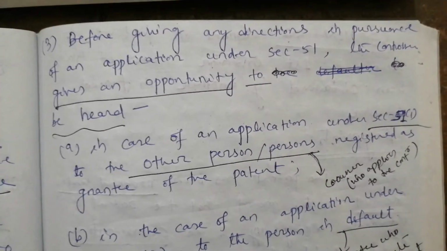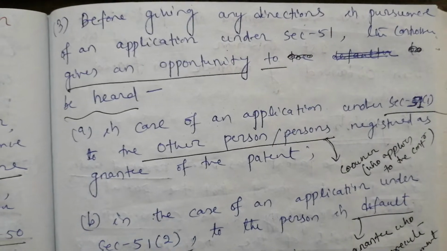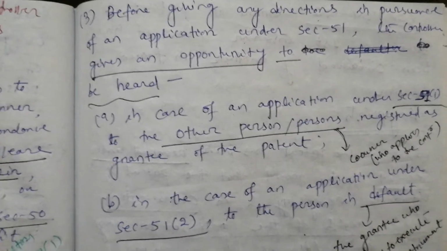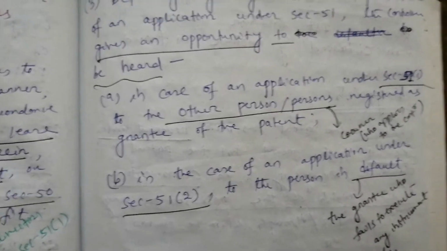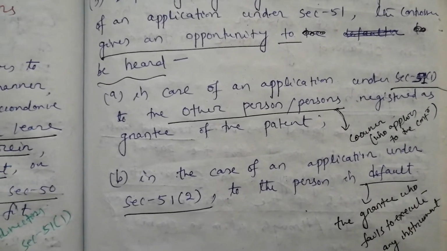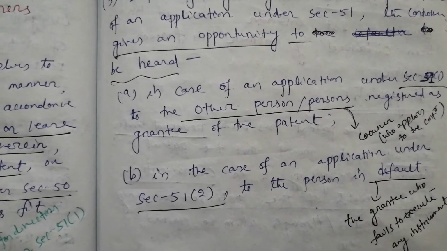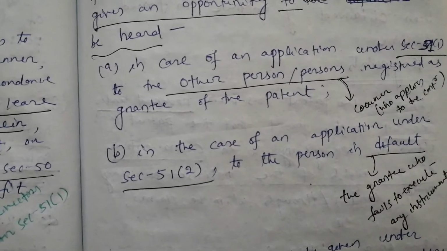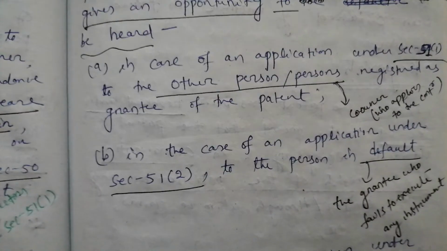Before giving any directions in pursuance of an application under Section 51, the controller gives an opportunity to be heard. To whom? Bit A says, in case of an application under Section 51 subsection 1, to the other person or persons registered as grantee of the patent. Who are the other persons here? The co-owners other than the one who applies to the controller.